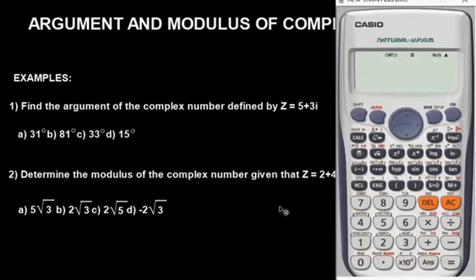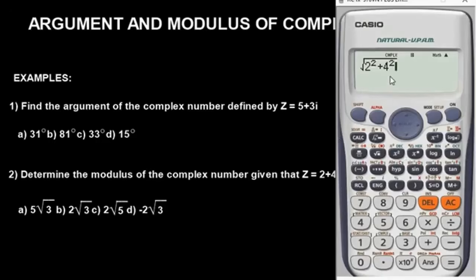Let me show you what I mean by what I said. So look at how you will solve this problem. You press square root of 2 squared plus 4 squared. So this is what I meant by what I said.